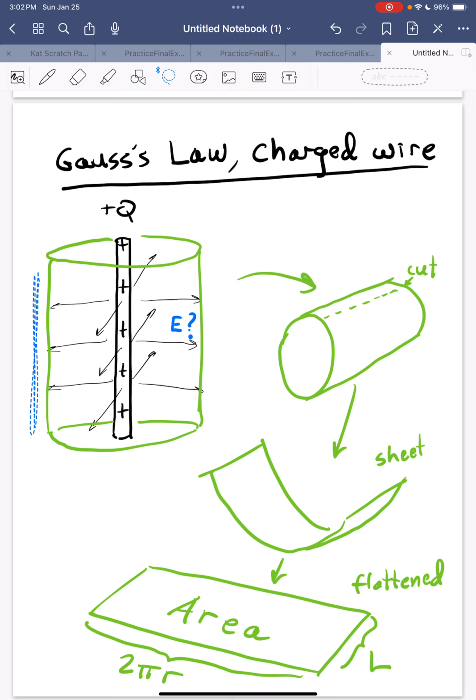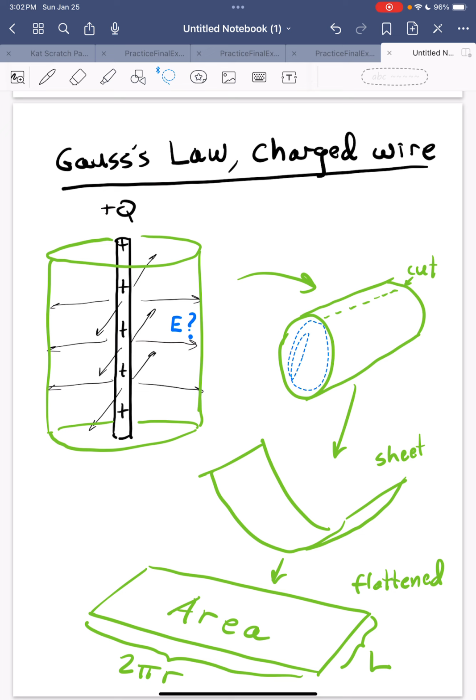Well, there's two things involved. One is this distance here, which is the length of the cylinder. So that's going to be L. We'll call it the length of the cylinder. The other dimension is the distance around the circle.